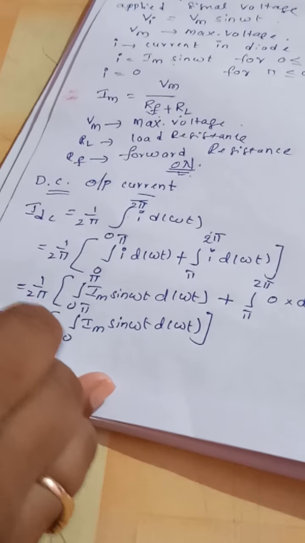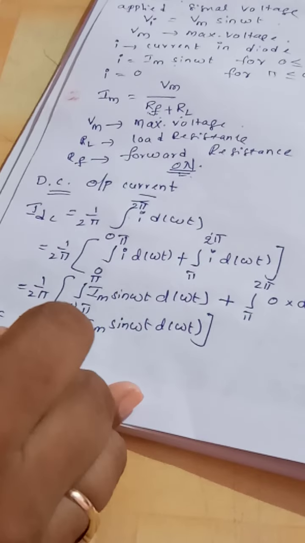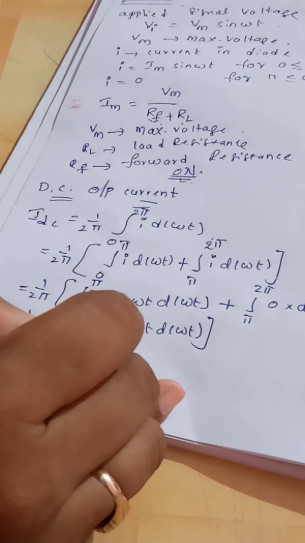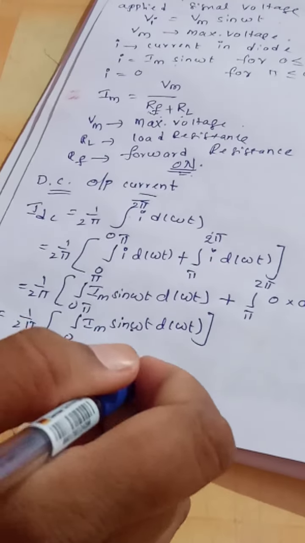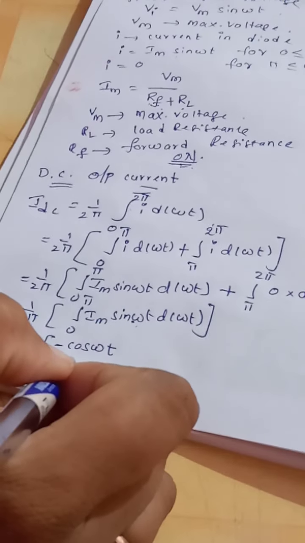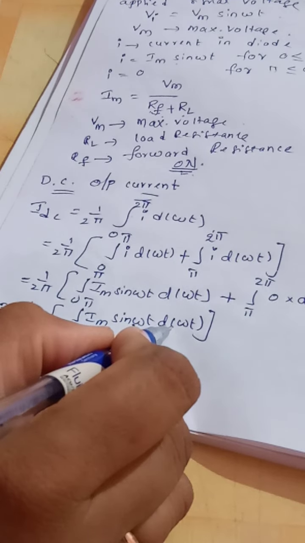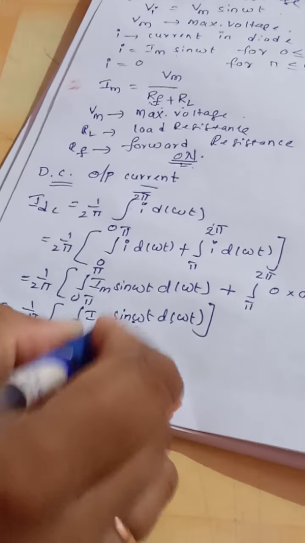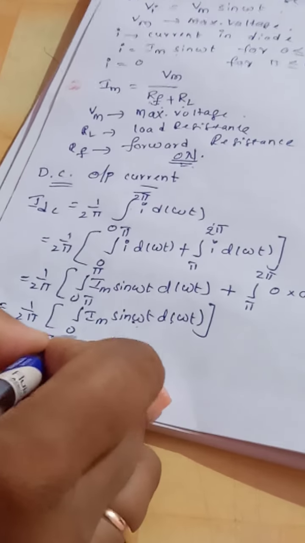I am writing 1 by 2 pi outside. Now the integration of sin omega t is minus cos omega t, and again here we are having d(omega t), which is equivalent to omega, so the integration of sin omega t gives minus cos omega t by omega.